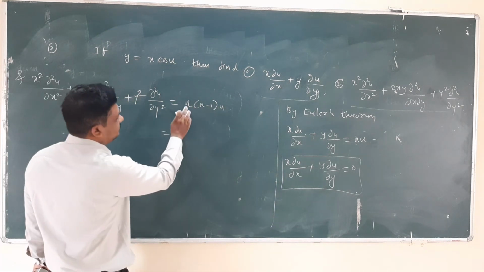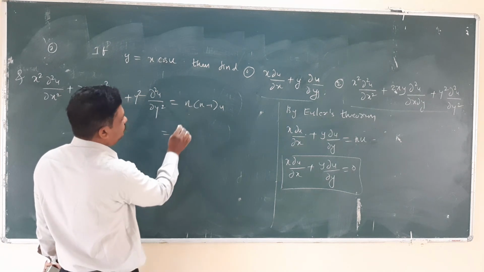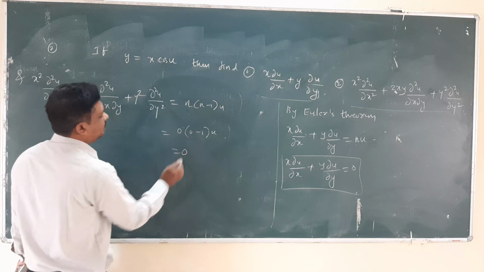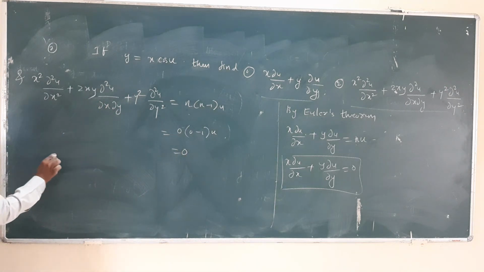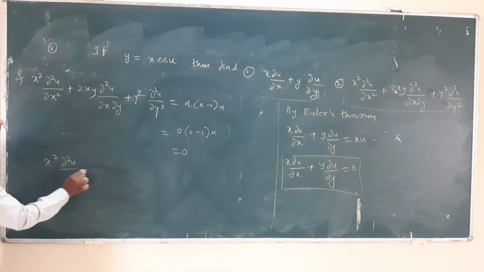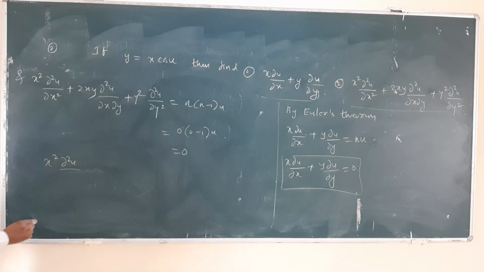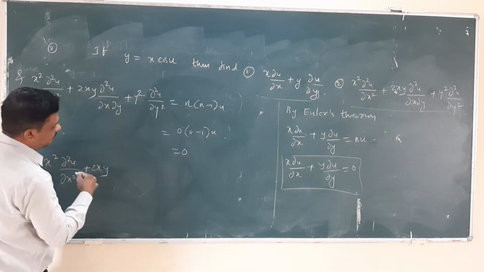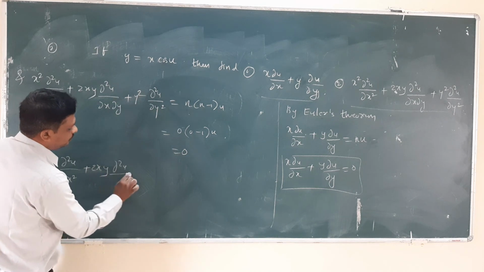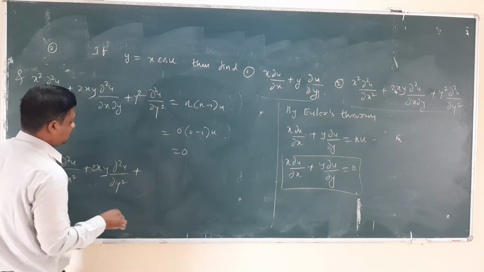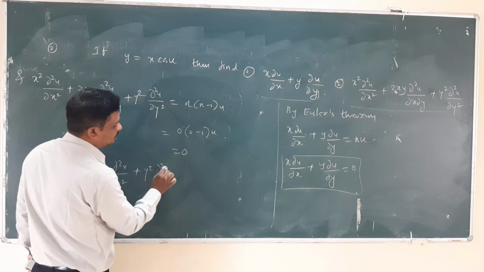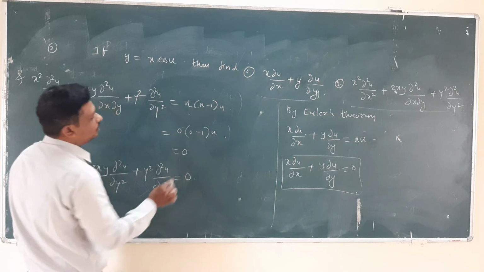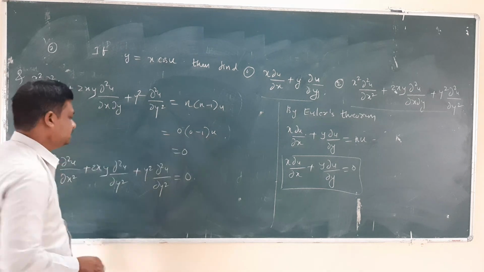So n here is 0, and 0 minus 1 into u is again 0. Therefore x square ∂²u/∂x² plus 2xy ∂²u/∂x∂y plus y square ∂²u/∂y² is equal to 0.